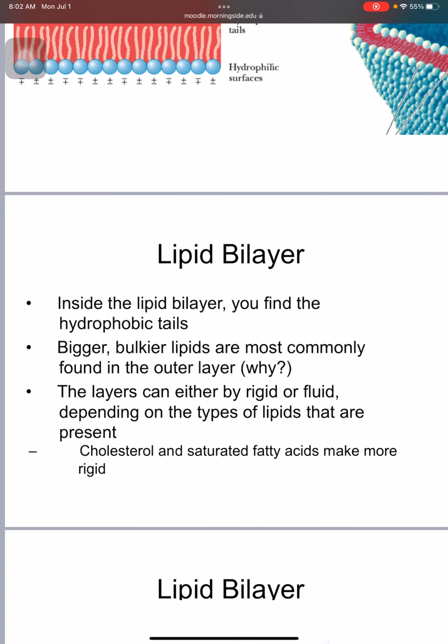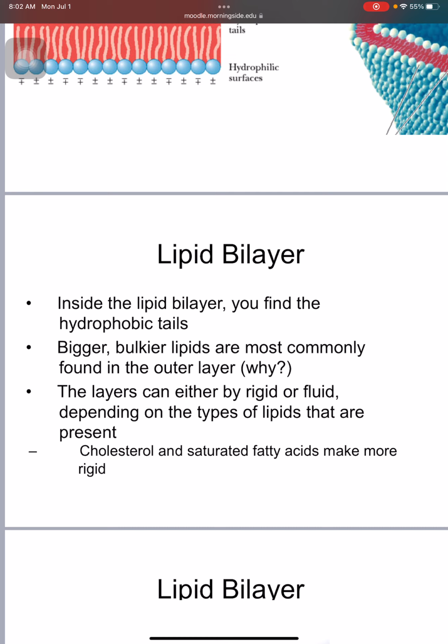They're constantly moving around, so it experiences what we call a lot of fluidity. They can move around. And it's not unusual for a lipid, whatever it may be, a phosphoacylglycerol, a fatty acid, whatever, to literally migrate back and forth to different places within the lipid bilayer. So it's very fluid.